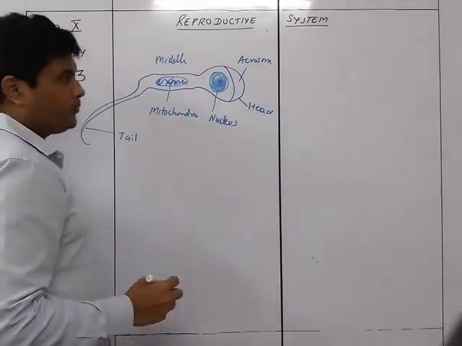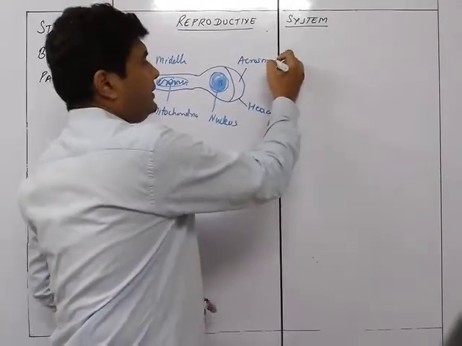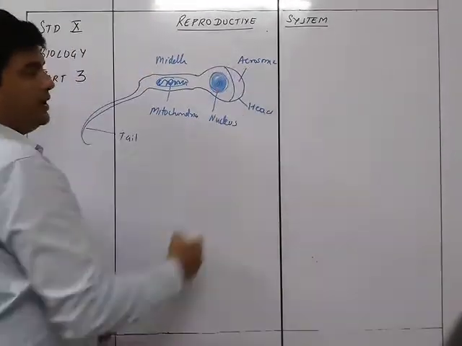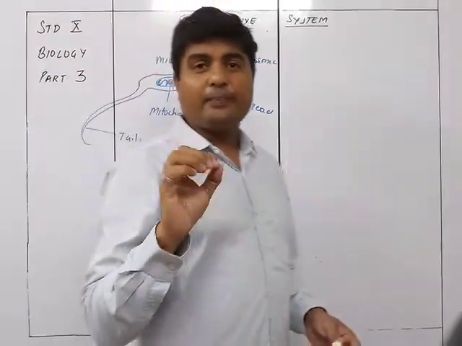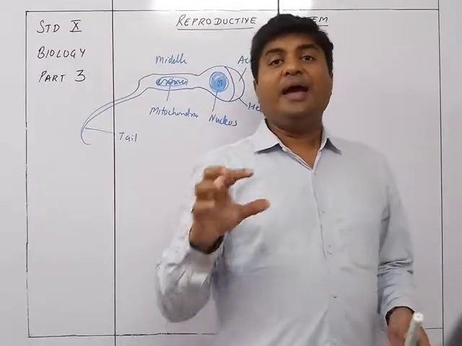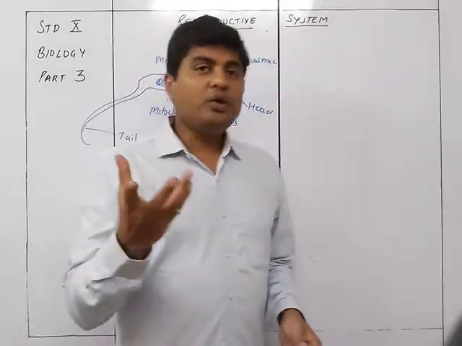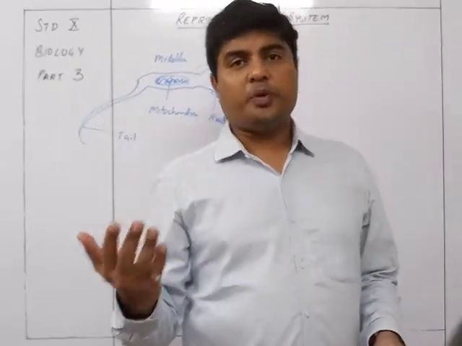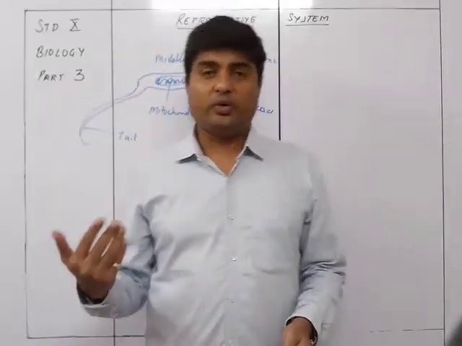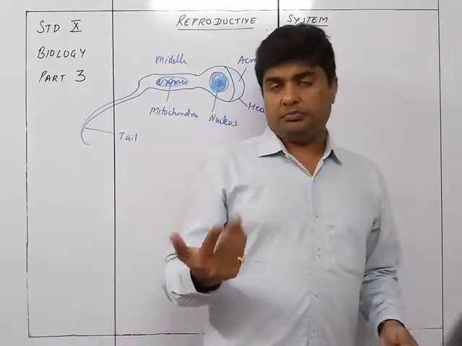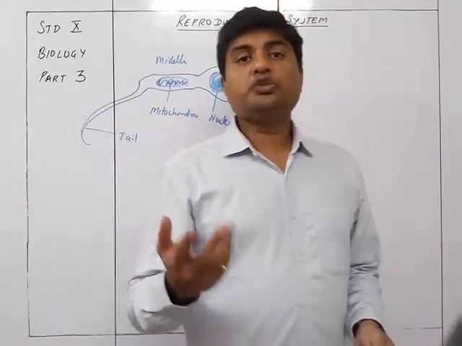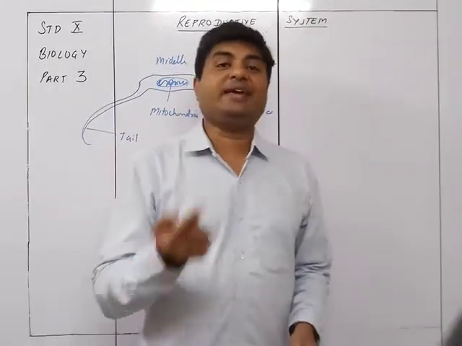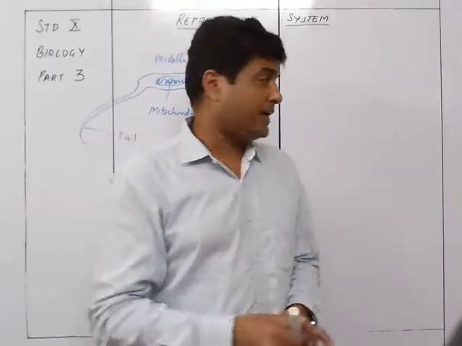This is the nucleus. Now, this acrosome over here produces an enzyme. What is the purpose of this enzyme? See, we know that there are millions of sperm which are going to be ejected into the vagina. So not necessarily only one will reach the egg every time.